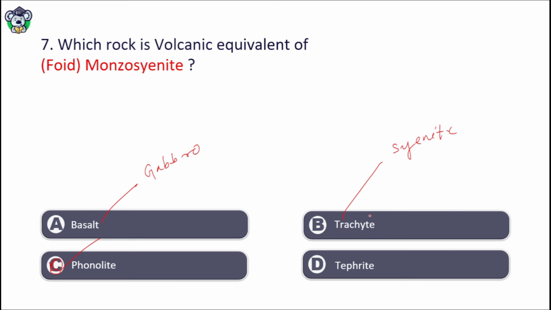And tephrite is the volcanic equivalent of void-bearing monzodiorite. If only diorite is given, then its volcanic equivalent will be andesite.